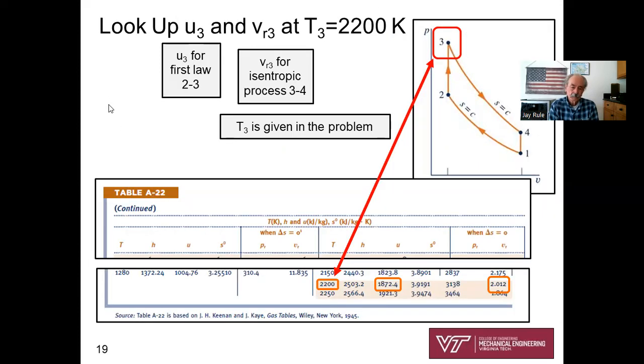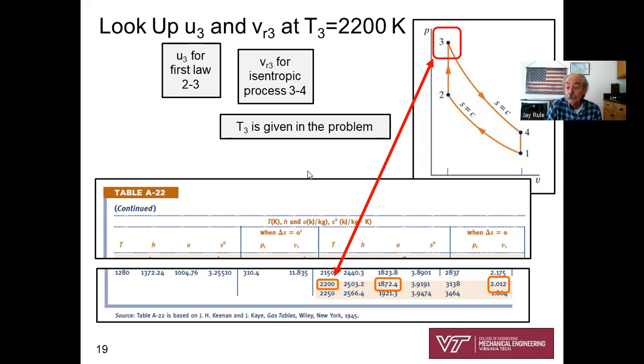Okay, so looking ahead, we're going to use the first law for QH. In other words, Q from 2 to 3, the heat added. Okay, we need U3, and we know that T3 is given, 2200 K. Also, we're going to need VR3 when we analyze process 3 to 4.